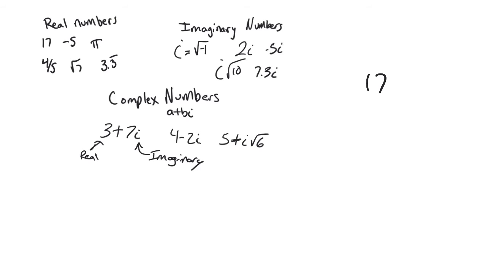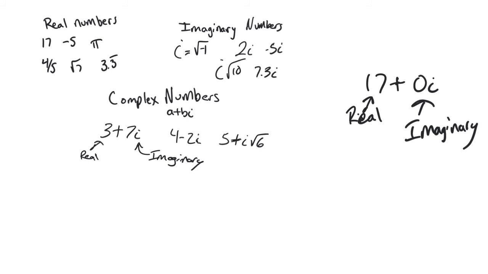If we had 17, then the real part of this number is 17. There's an imaginary part that would be 0 here. So let's say we had plus 0i. Then this is our imaginary part. We don't see that. You don't have to put plus 0i. The imaginary part's 0, so the real part is 17, so it looks like it's just a real number. And really, it is, but also it's included in complex numbers.